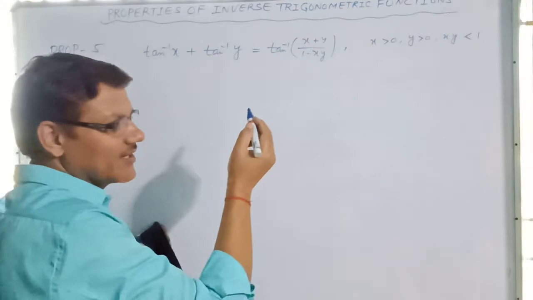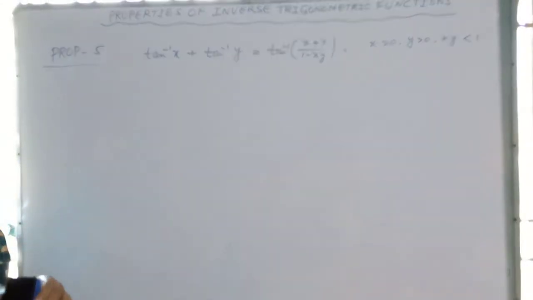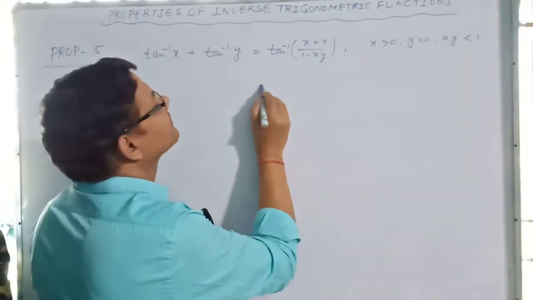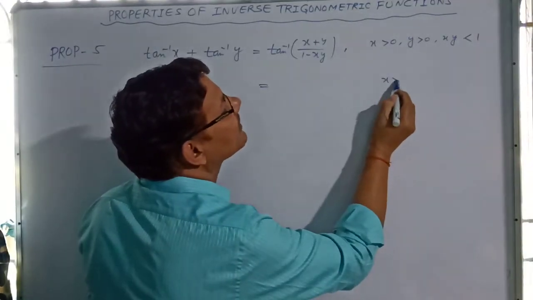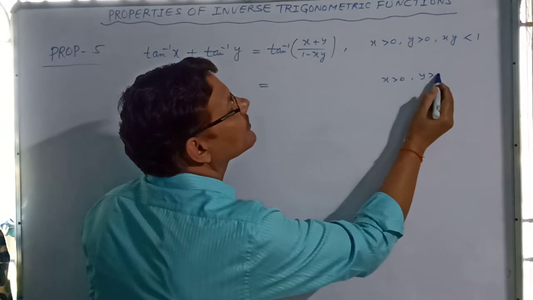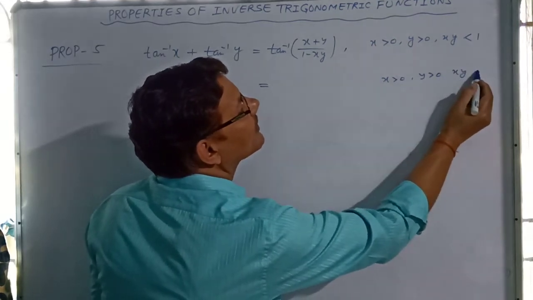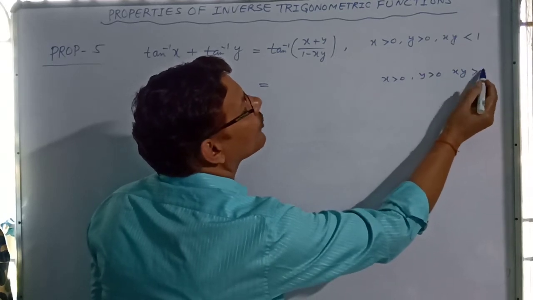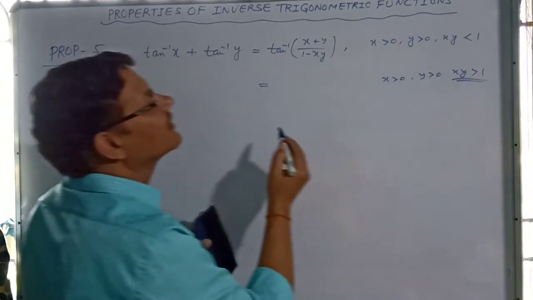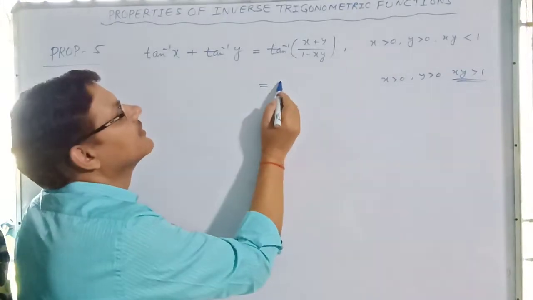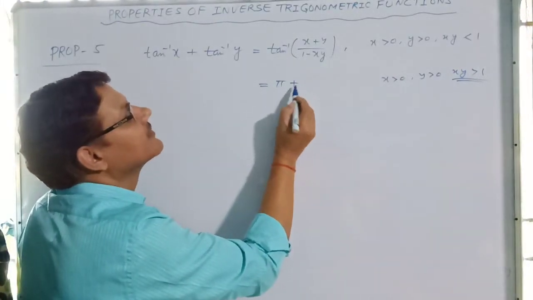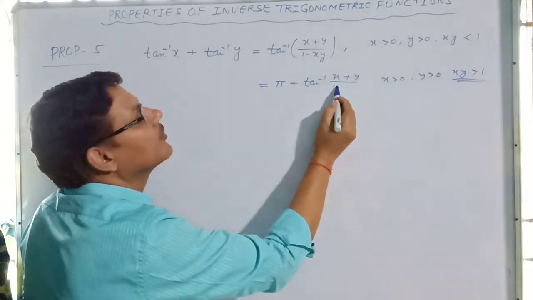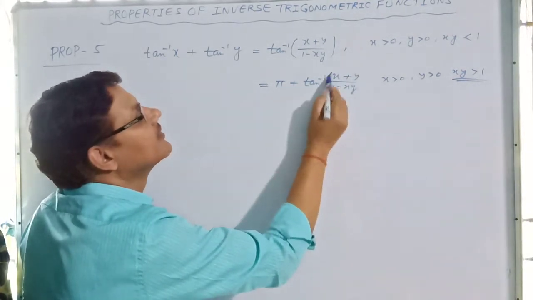If there is a change in the condition, then there is a change in this required thing. It means in the case when x is greater than 0, y is also greater than 0, and xy is more than 1, we use pi plus tan inverse of (x plus y) by (1 minus xy).